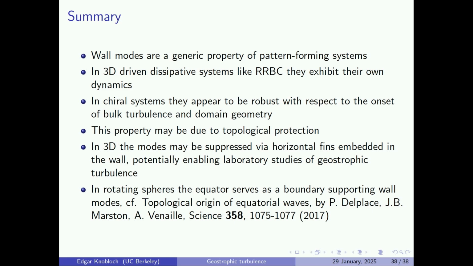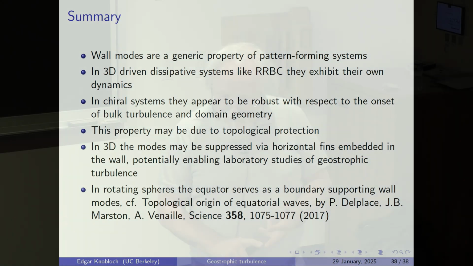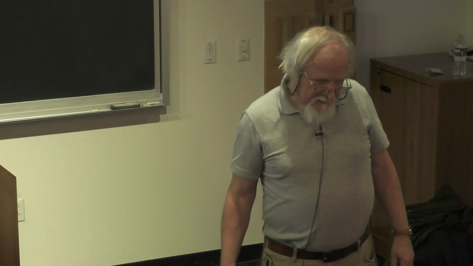And those are the Yanai waves and the Kelvin waves, okay? And why is that the case? Well, it's because the Chern number that I mentioned already is 2. And that is shown in this very nice paper by Antoine Venaille and Brad Marston and others.